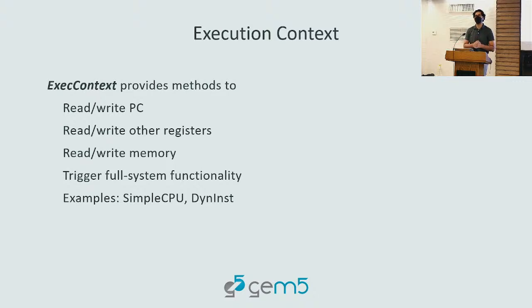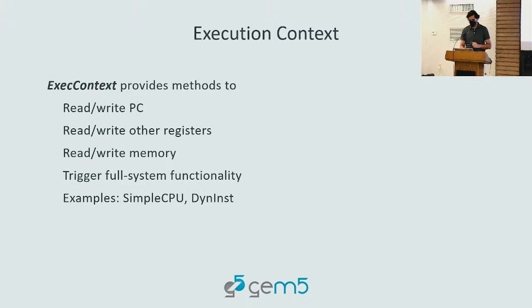It might want to access some other registers in the CPU, or any other part of the CPU state. All those things, the instruction usually accesses through the execution context interface. Does that make sense? What an instruction might do through an execution context interface?